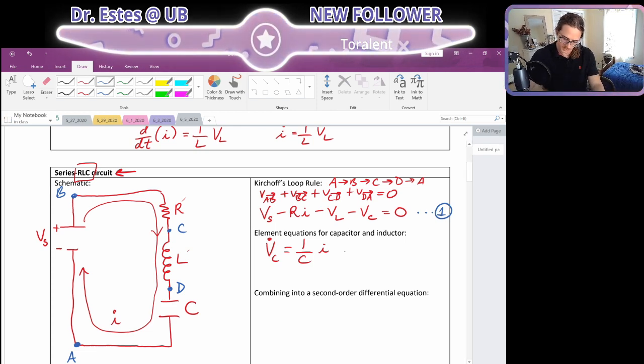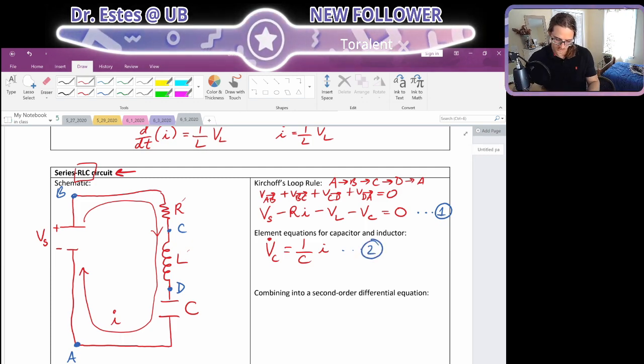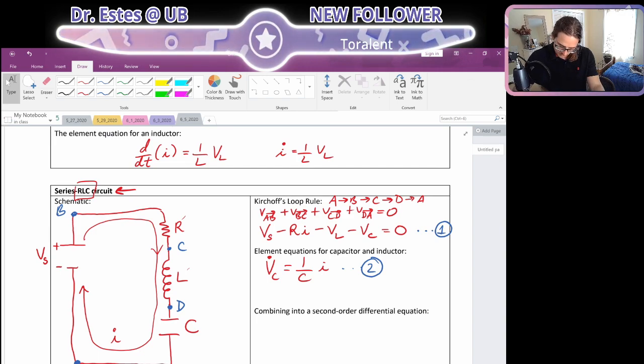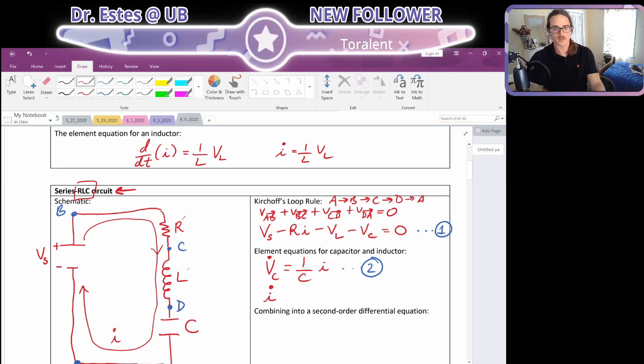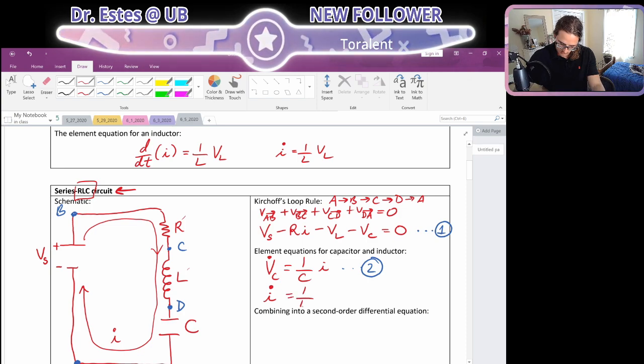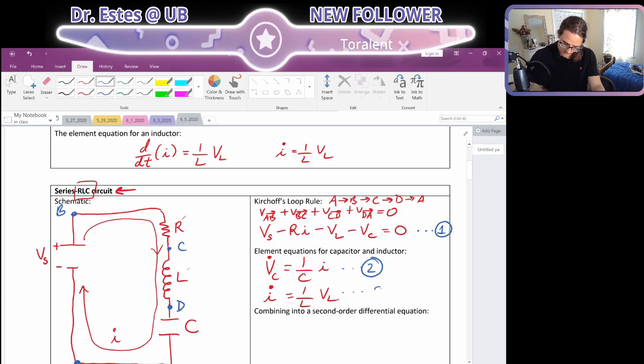Let's call this equation 2. And then we're going to use our brand new element equation for the inductor, and I'm going to use this dot notation. So I dot is 1 over L VL. Let's call this equation 3.